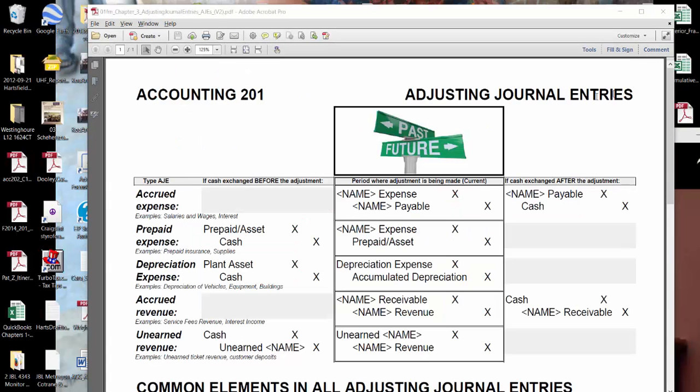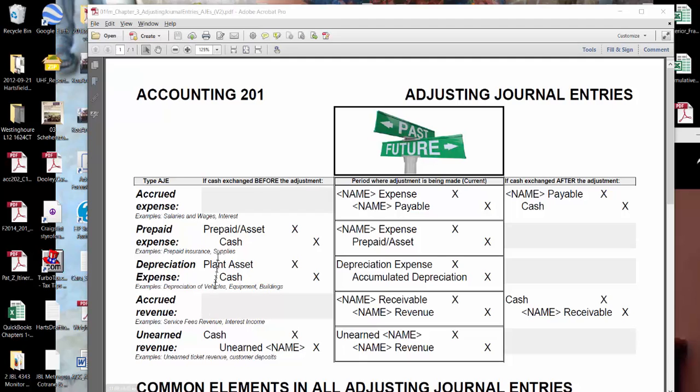So to try and compact all this information in the shortest possible space, I've prepared this worksheet, or handout, I guess. And this classifies our adjusting entries by the type that they are: accrued expense, prepaid expense, special case of depreciation expense, or accrued revenue or unearned revenue.